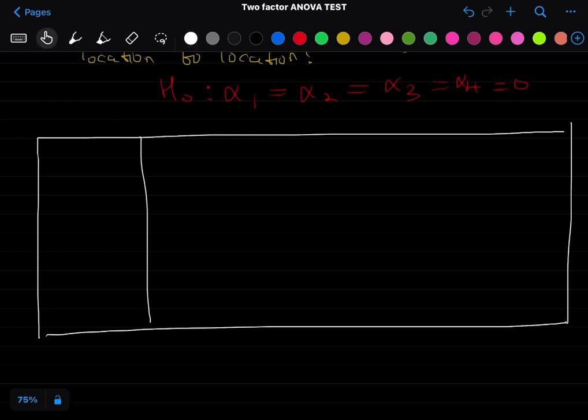Now, the first column we've got is source of variation. It will be factor A in this case, which we can take as the location.